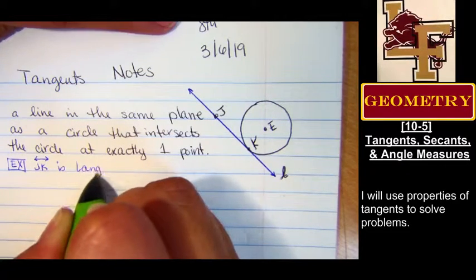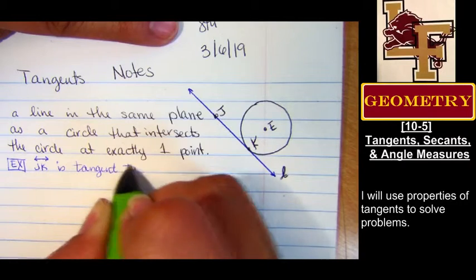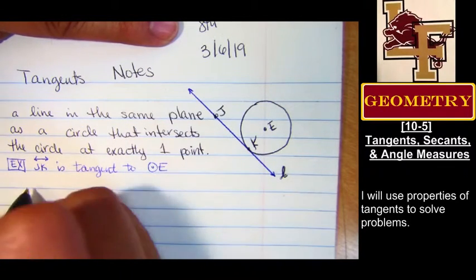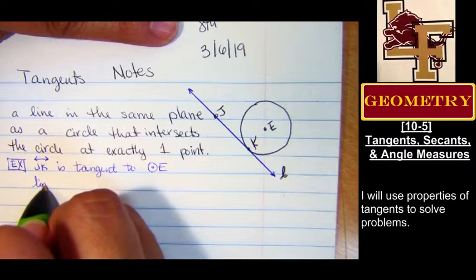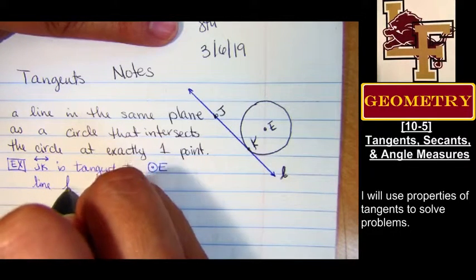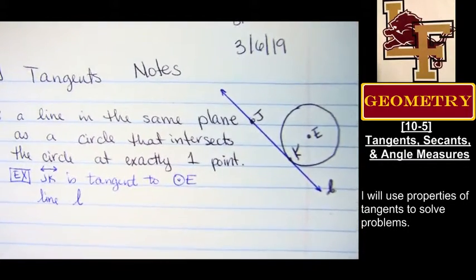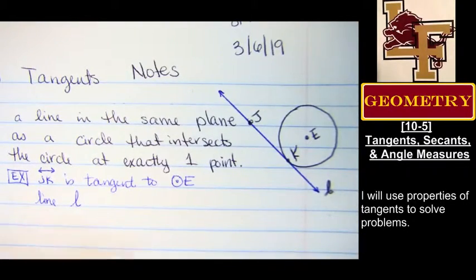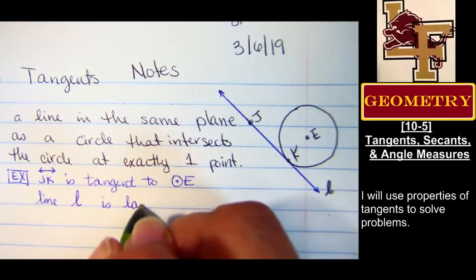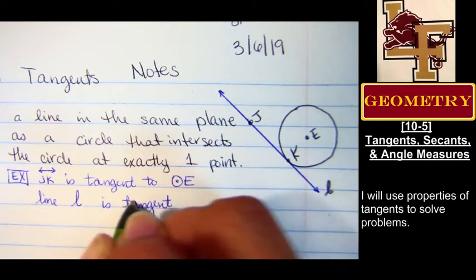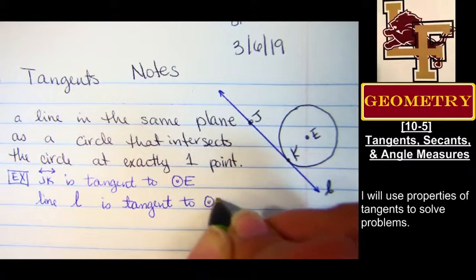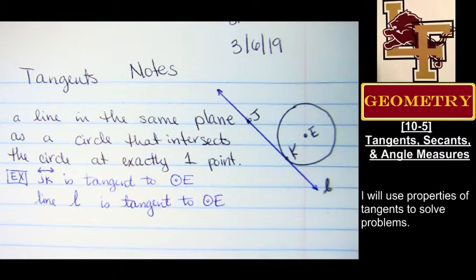So line JK is tangent to circle E. I can also write it in words, line L, and notice I'm using lowercase and I'm using cursive for that line. So line L is tangent to circle E, line JK is tangent to circle E. And those are the same line, they just have two names.